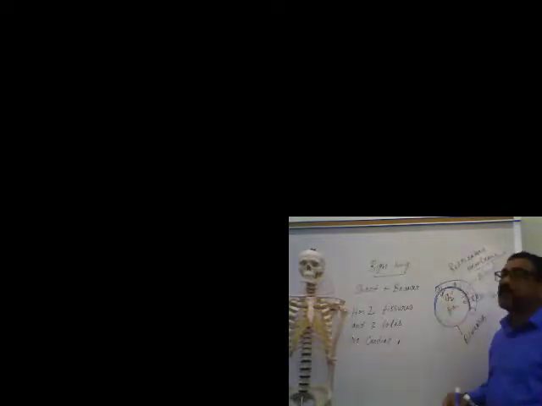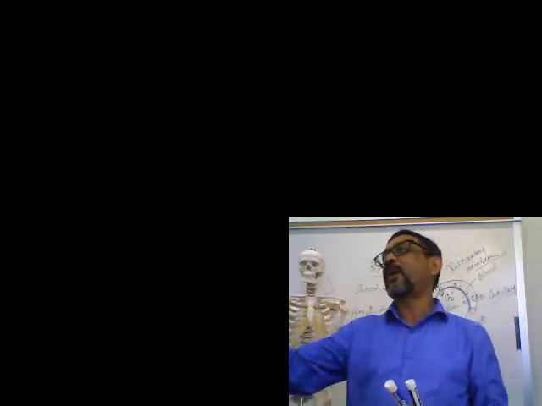That fluid lines the inner surface of the alveolar wall and keeps the alveoli open. Keeps the alveoli what? Open. If the surfactant is not there, what will happen? The alveoli will collapse, will squeeze. It is very important to keep the alveoli open, and surfactant does that.